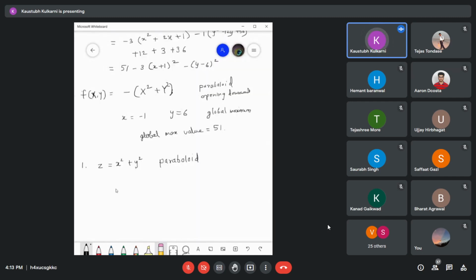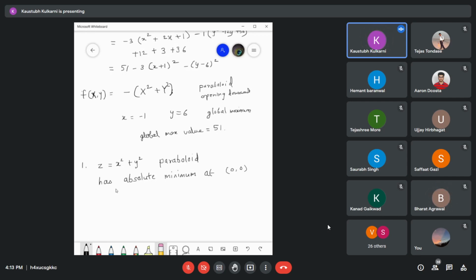What happens in this case? It has an absolute minimum at its vertex, that is x equal to 0, or in short, at 0 comma 0, which is its vertex.